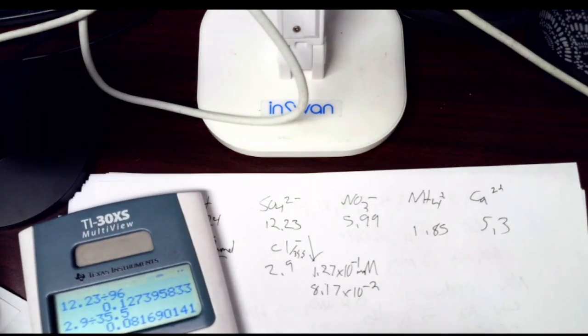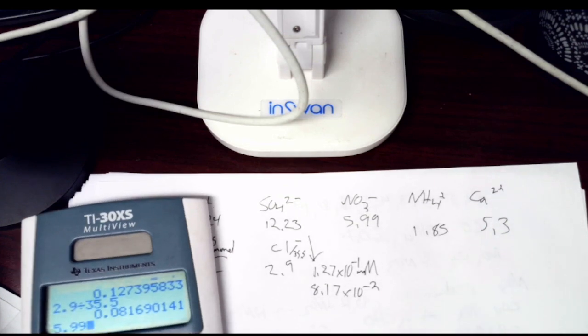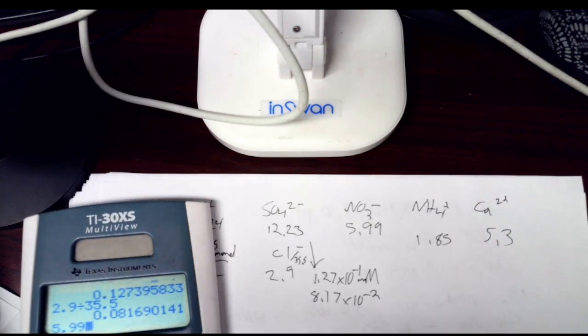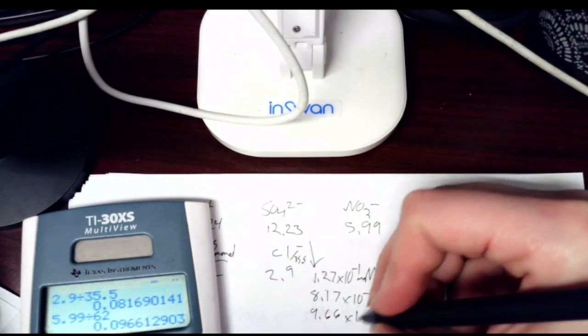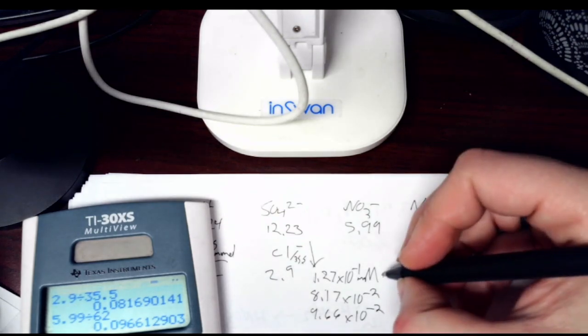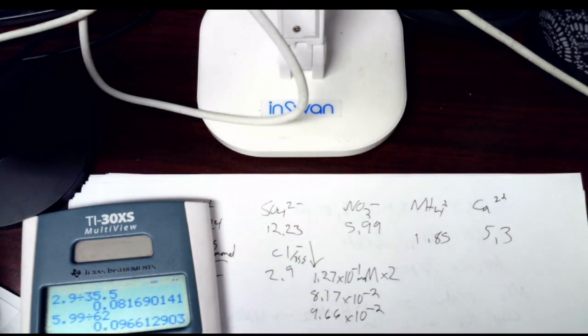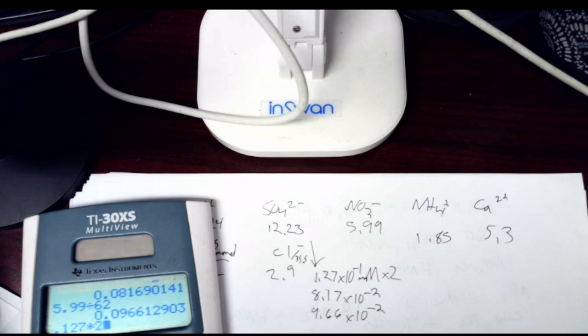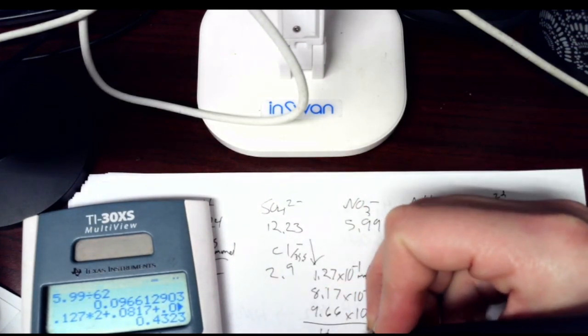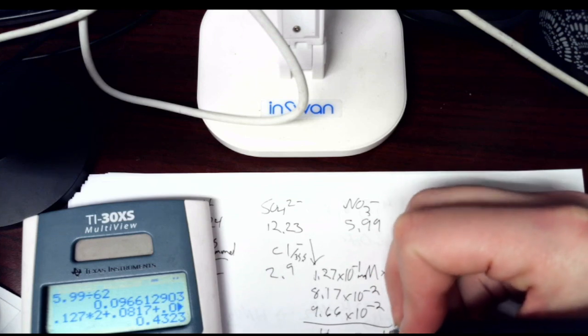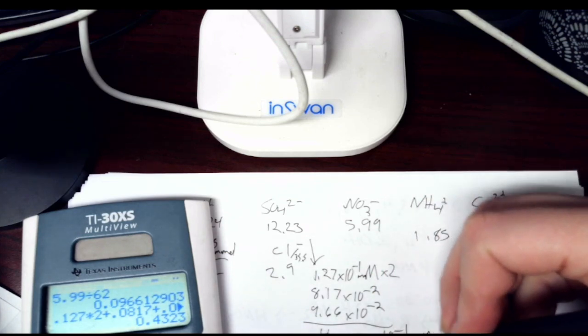And nitrate, we said that one was 62. Divided by 62 would be 9.66 times 10 to the negative second. So times 2 plus 0.0817 plus 0.0966. So we have something like a total anionic charge of 4.32 times 10 to the negative first millimolar.